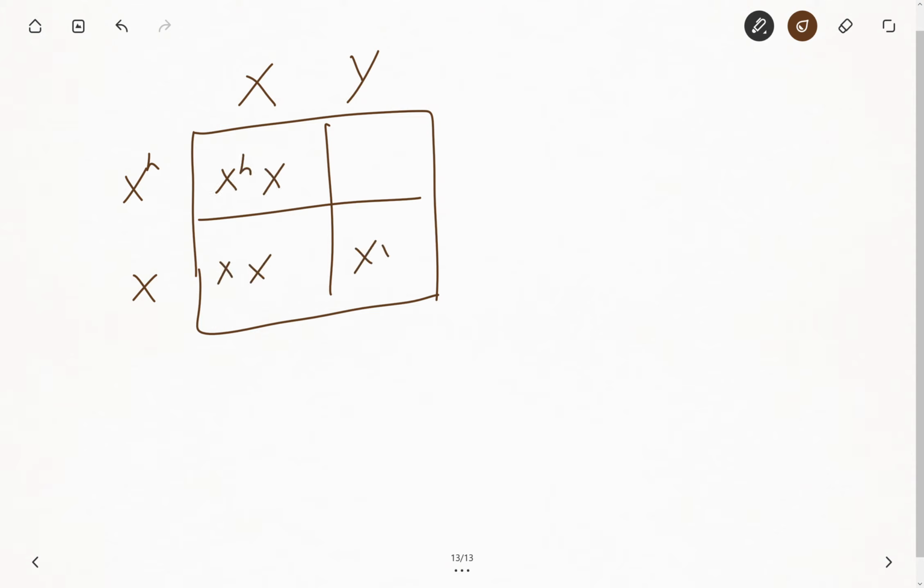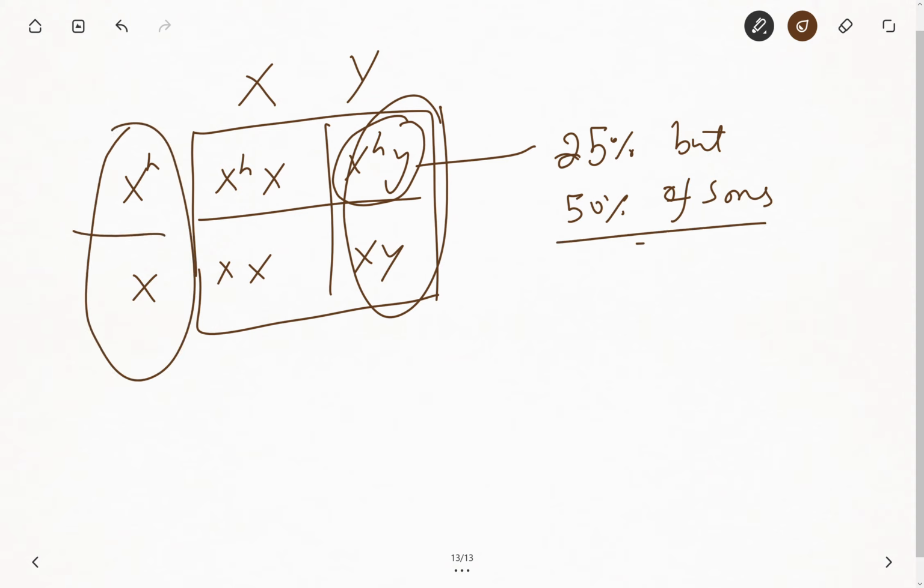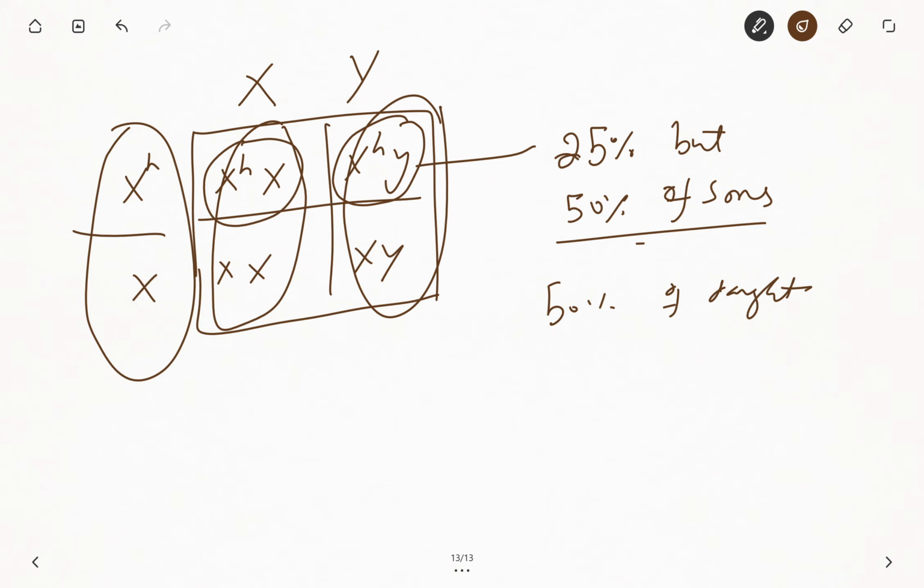This is the only individual in the whole offspring that is affected, and this is only 25% of the total, but 50% of sons. So 50% of the sons of the carrier mom are affected. And similarly, the carrier daughter is only 25% of the total offspring, but this is actually 50% of daughters.